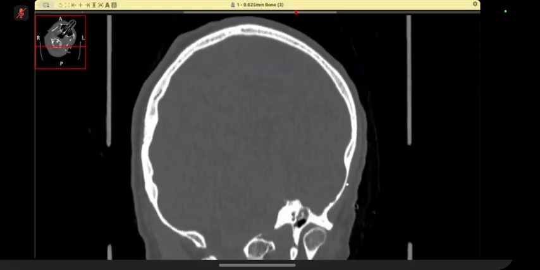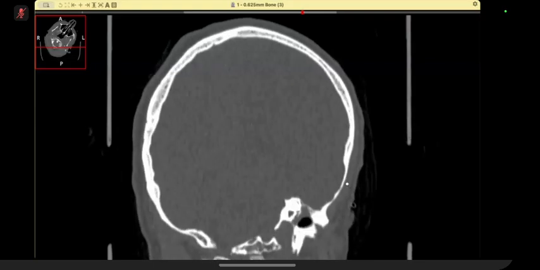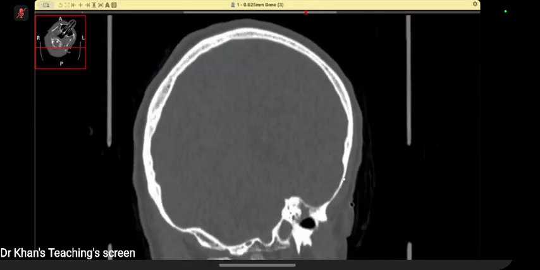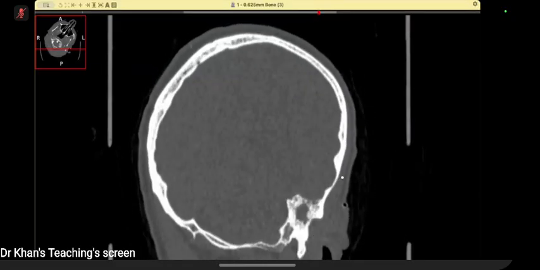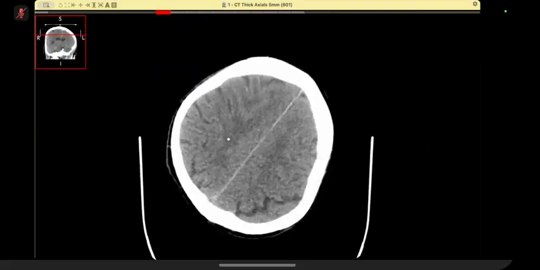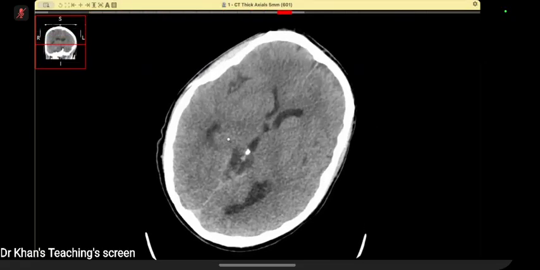If the patient has presented acutely with fever and constitutional symptoms, it can be acute mastoiditis, but I would also like to see the soft tissue window to see the status of the adjacent brain.